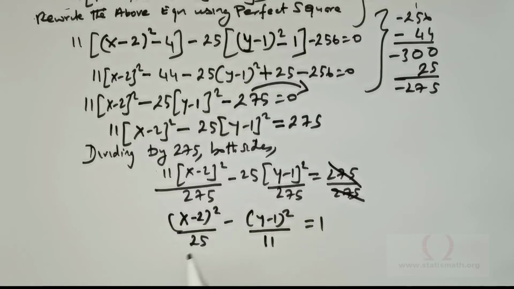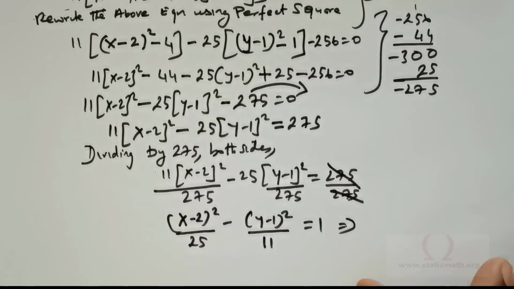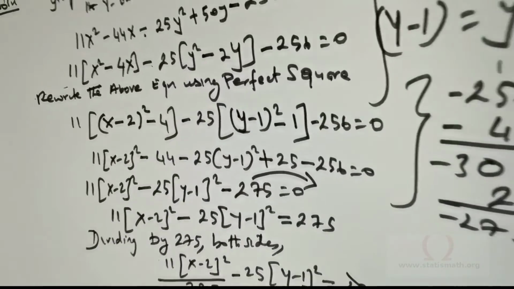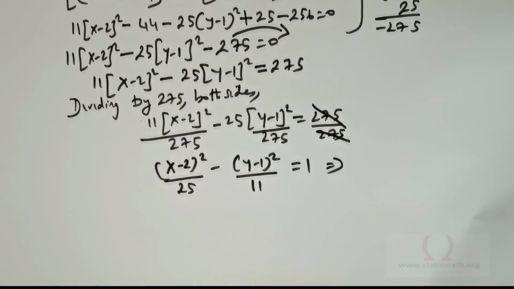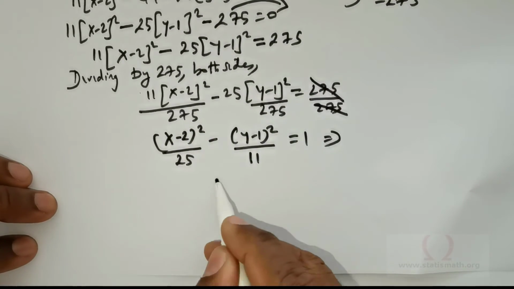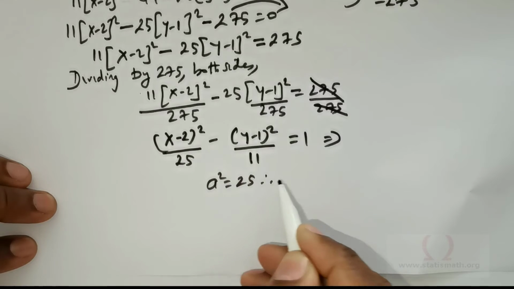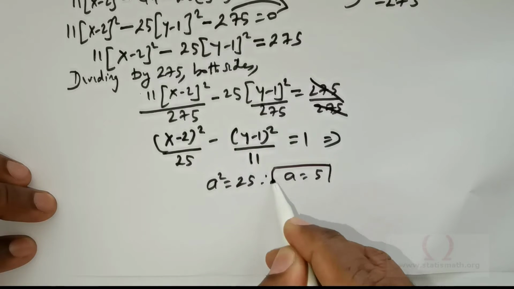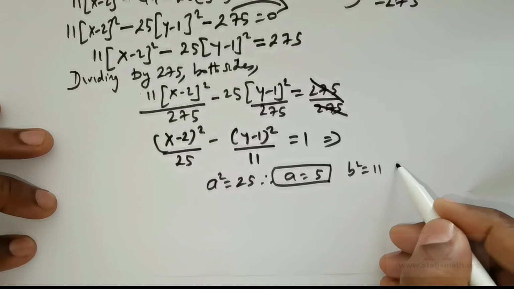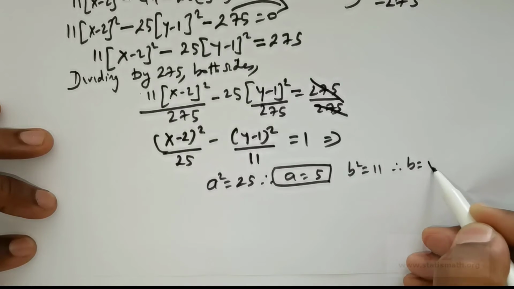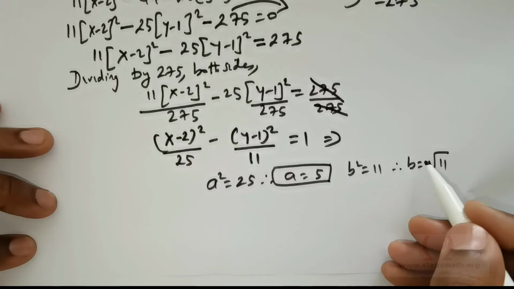Now from here, this means a squared is equal to 25. Therefore a is equal to 5. Now b squared is equal to 11, and the value of b will be root of 11. I'm not going to be using that.